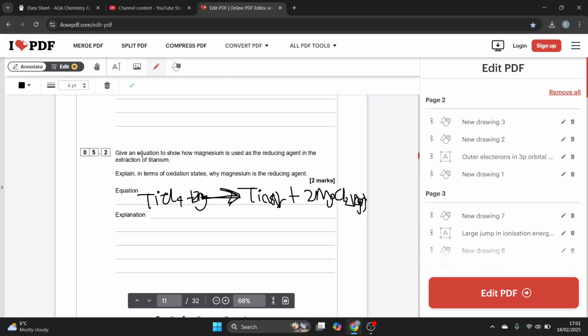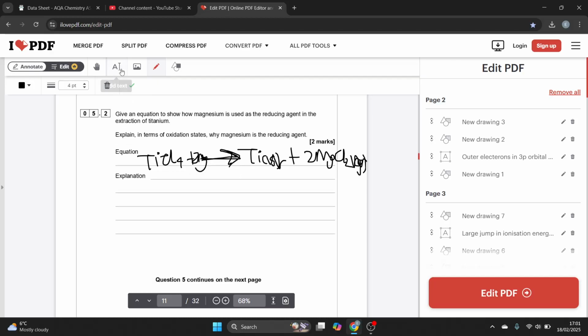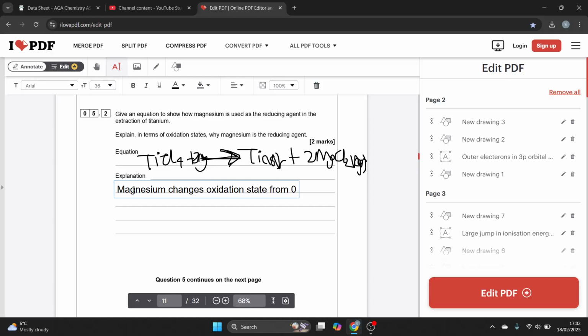So in terms of oxidation state, magnesium is the reducing agent. I have to talk about the oxidation states, and I would say magnesium changes oxidation state from 0 on the left hand side, the reactants, to, don't care about the moles, chlorine is -1, so +2. So electrons are lost.